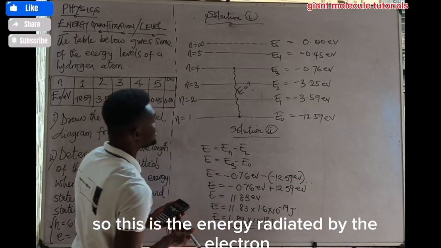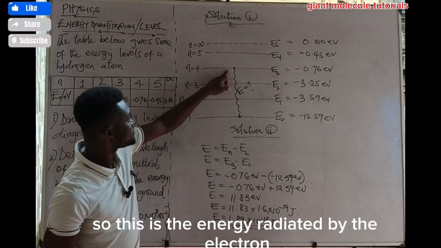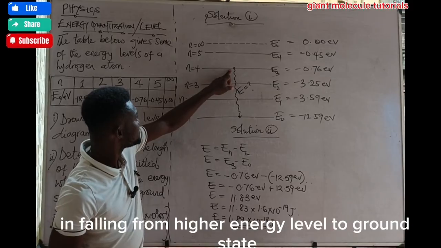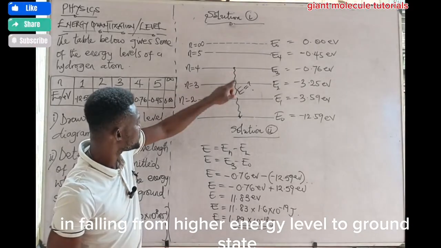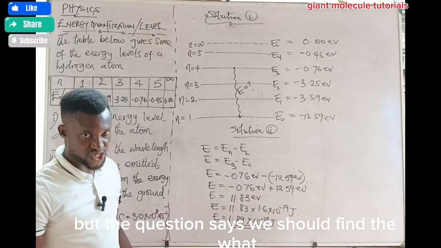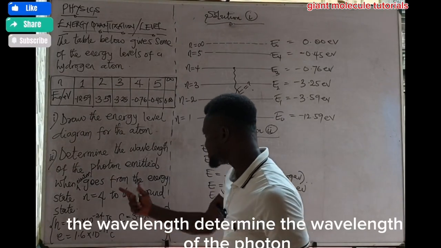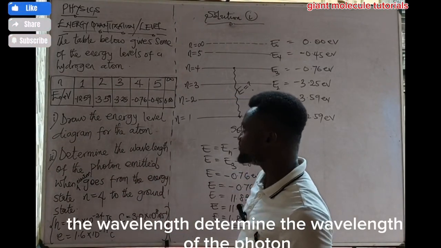So this is the energy liberated by the electron in falling from the higher energy level to the ground state. But the question says we should find the what? The wavelength. Determine the wavelength of the photon.